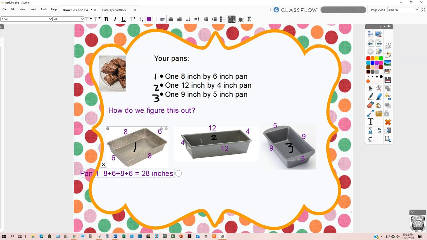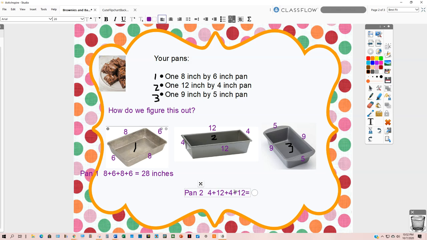Let's look at pan 2. We've got to do the same thing. Pan 2. It's going to be 4 plus 12 plus 4 plus 12 equal, well, 4 plus 12 is 16.